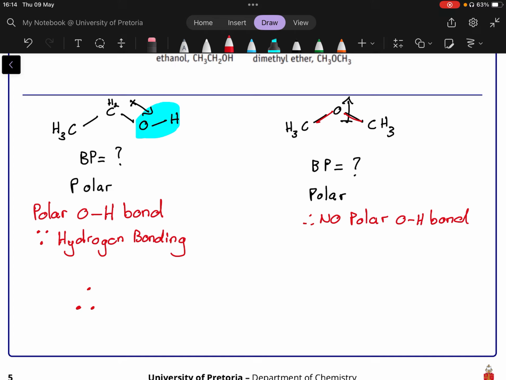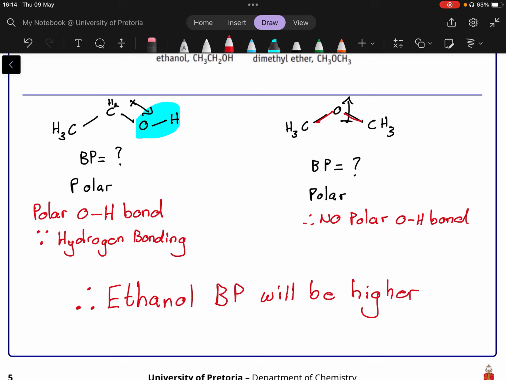And that means ultimately that the ethanol boiling point will be higher. It's simply because of the presence of a hydrogen bond. So you can see the effect of hydrogen bonding on a physical property like the boiling point.